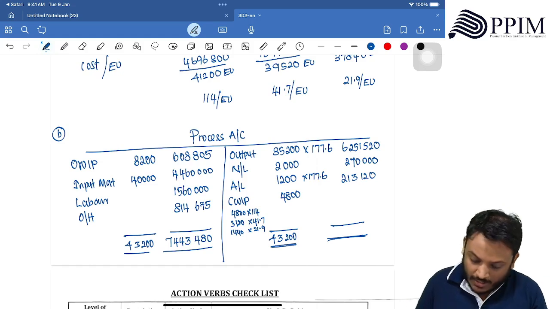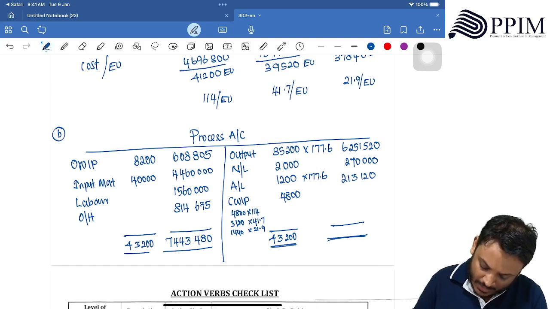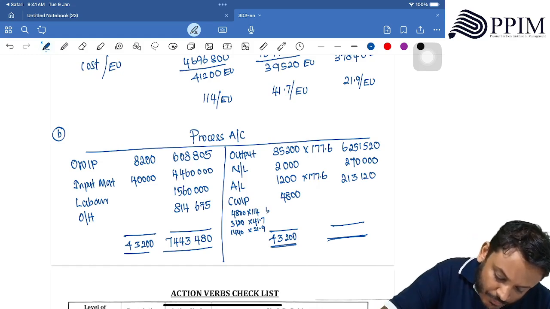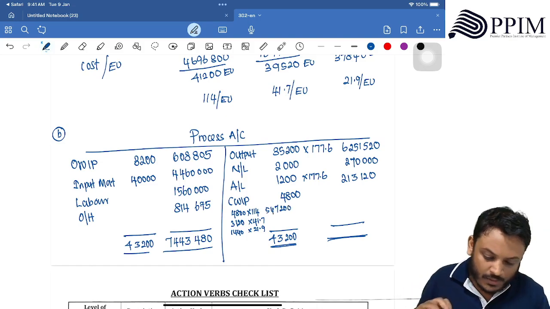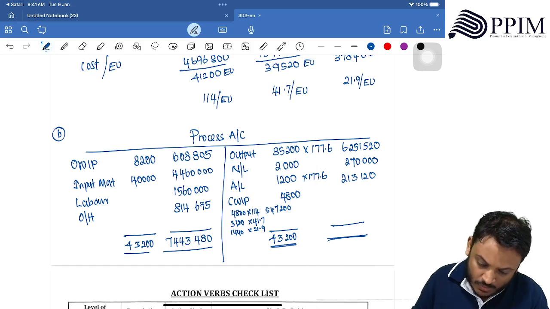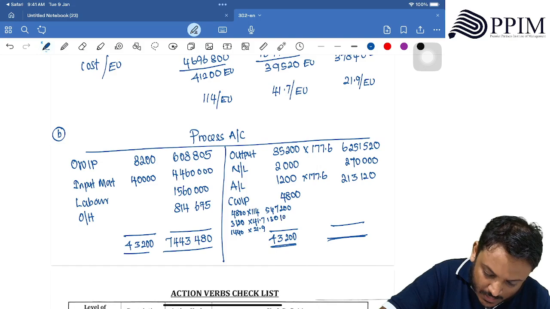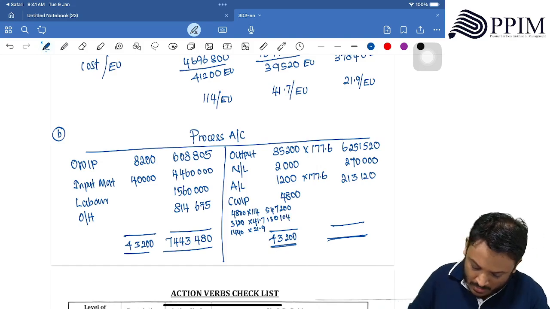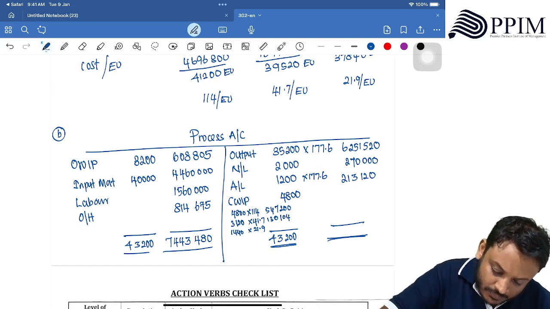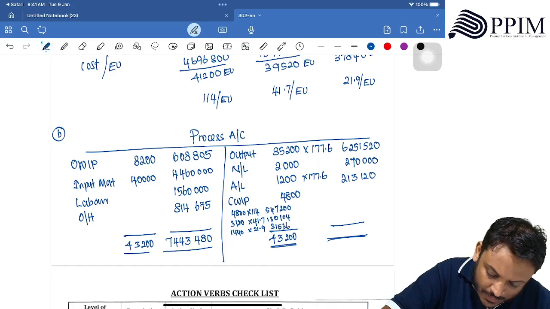So 4,800 in terms of material at 114 is 547,200. And 3,120 at 41.7 is 130,104. 1,440 into 21.9 is 31,536.